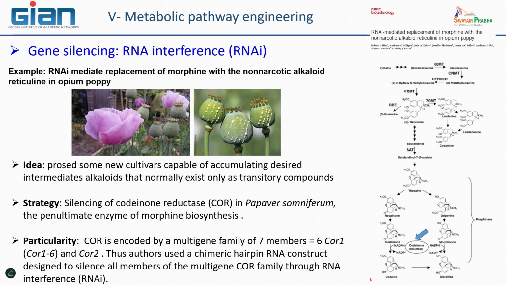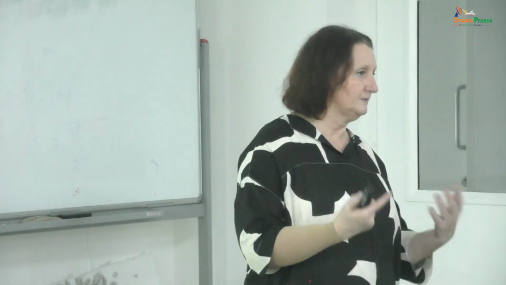But the problem is that this enzyme is a codeinone reductase, named COR. There are lots of copies of the gene, isogenes, in the genome of the plant. So which of these copies will be the best one? It's impossible to decipher.